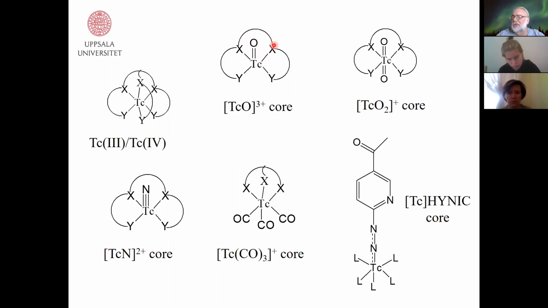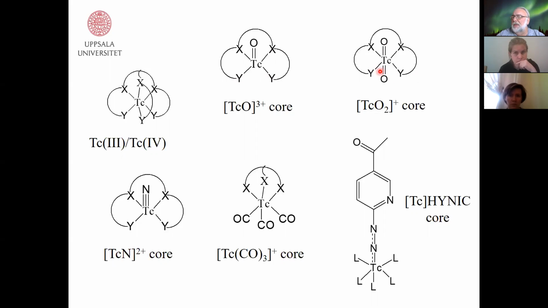And then the surrounding chemical environment might have a different form. They might be connected to each other, they might be not. Very common in radiopharmacy is the SN3 core, where there is a complex of technetium O core where one atom is sulfur and 3 other atoms are nitrogen.